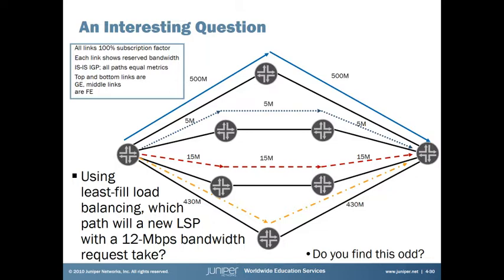The top and bottom links are gigabit Ethernets. All paths are equal metrics. So which path will it take? Least filled. Looking at the available links, we've got 430 meg on the bottom one, 500 meg on the top one.